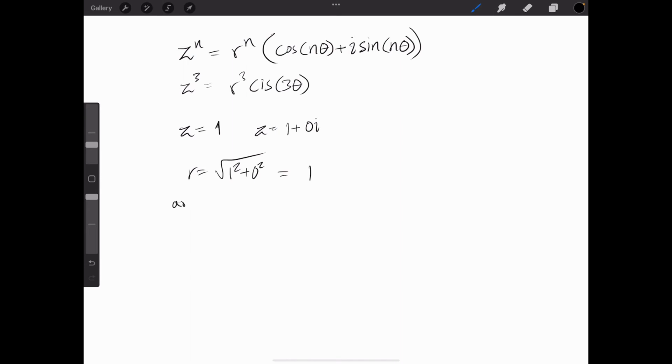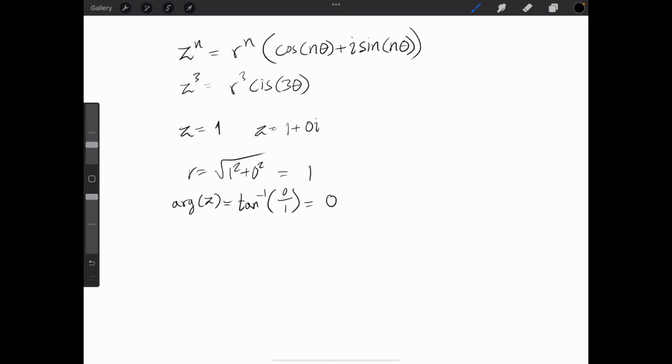Argument: theta is equal to the inverse tan of b over a, which is 0 over 1, which is 0.